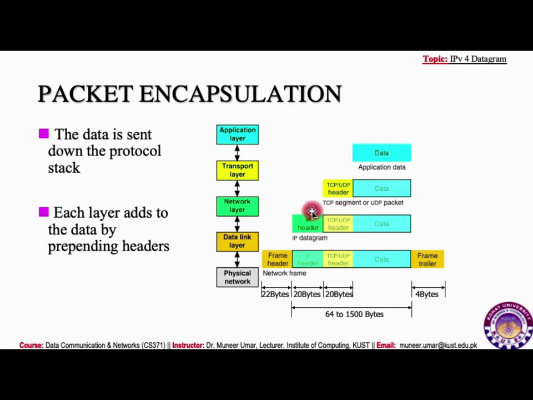So our main concern in today's lecture is the IP header. The minimum size for the IP header is 20 bytes. This size may be greater than 20 bytes because we have one field known as options. If we use that field, then the IP header's size would be greater than 20 bytes.